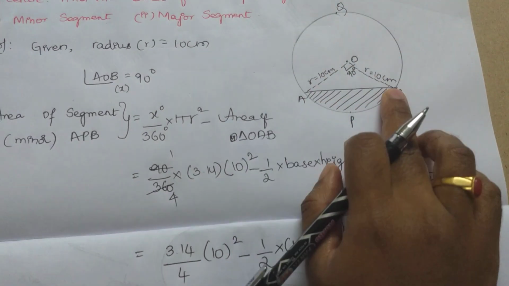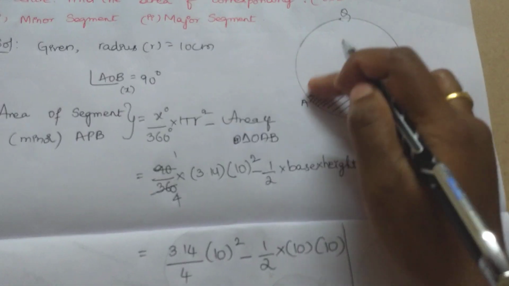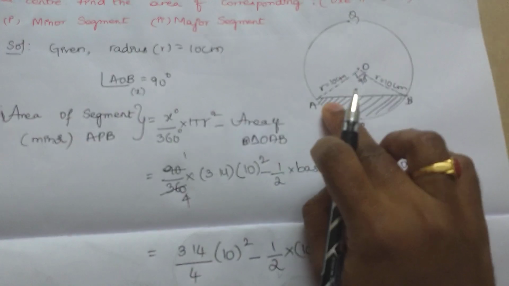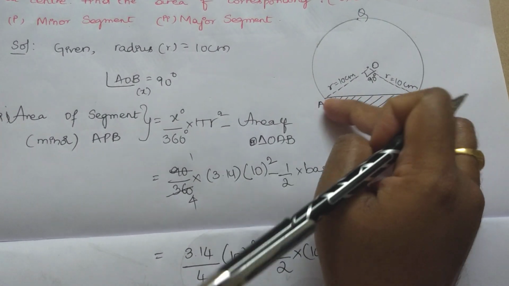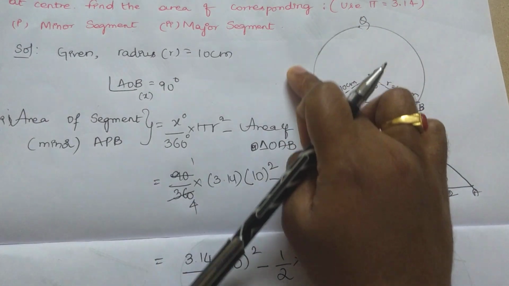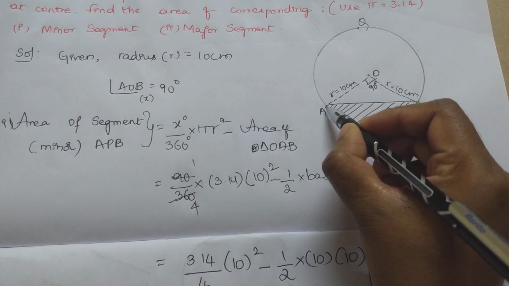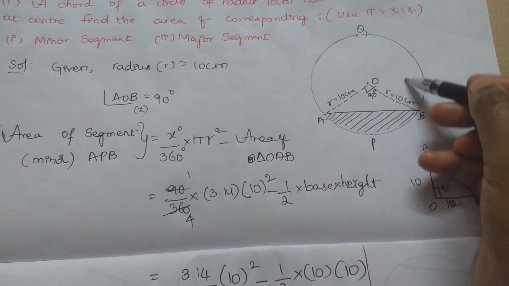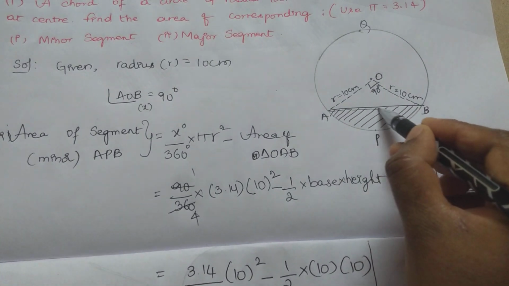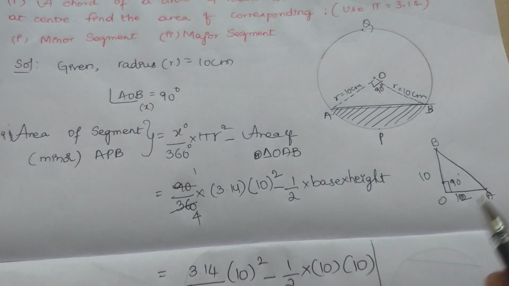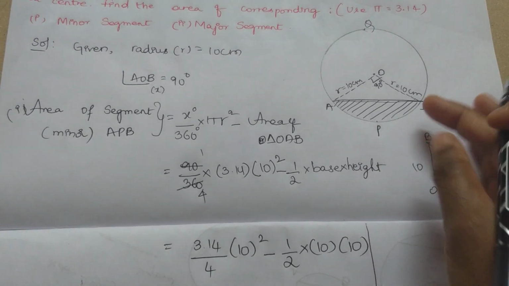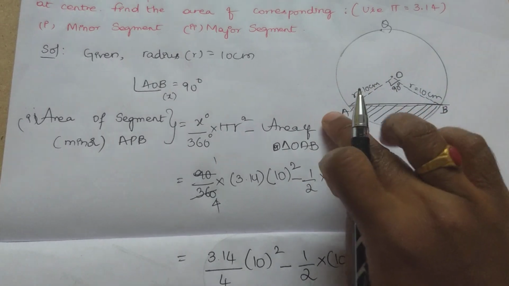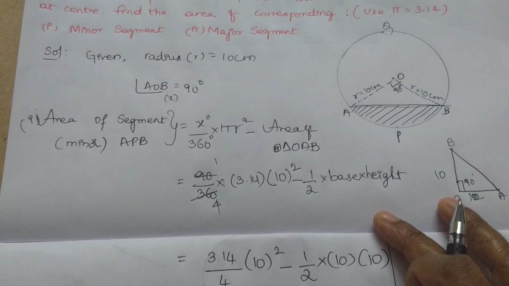This major segment is nothing but the total area of the circle minus this, correct? They want this whole thing. This major segment means they want this AQB, this entire thing, including the triangle value. It means how can we find out? It's simple logic. Total circle minus minor segment, you will get obviously the major segment.